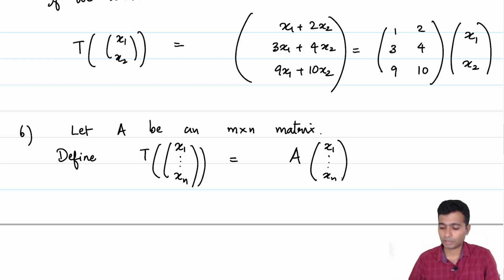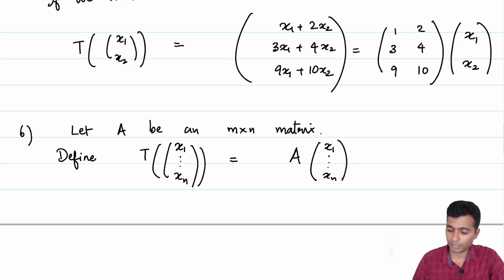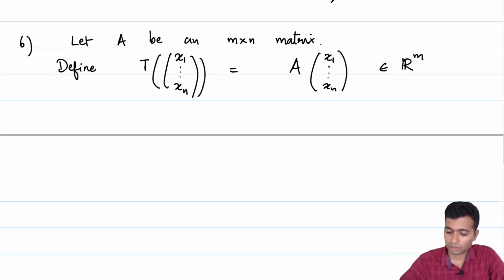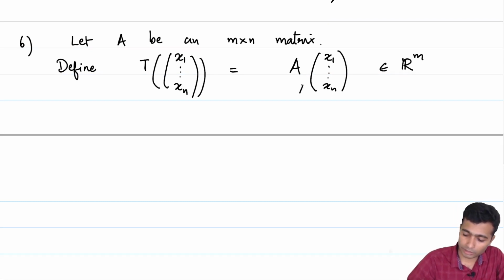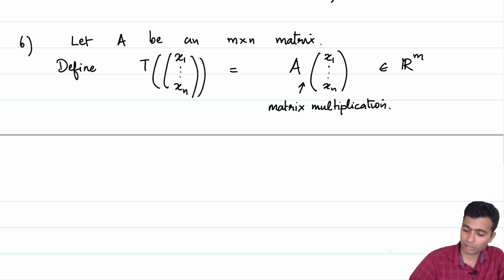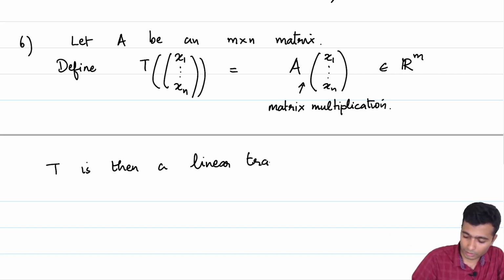The result will be an element of Rm in the column representation, where this is the matrix multiplication. What we will finally be able to see is that T is then a linear transformation. We will come back to this later, certainly.